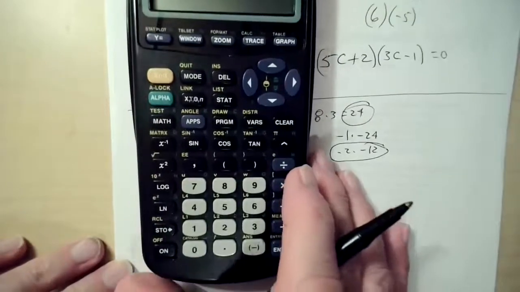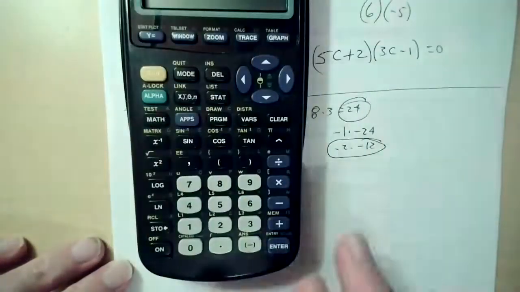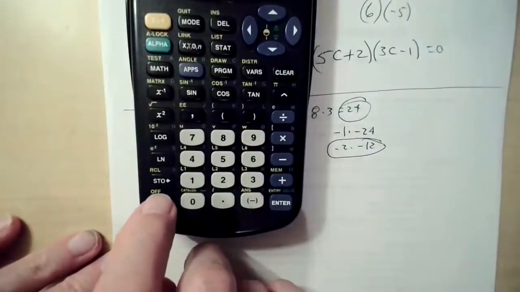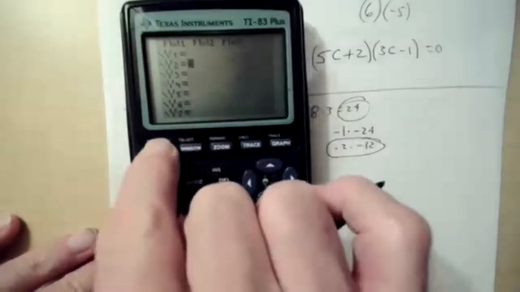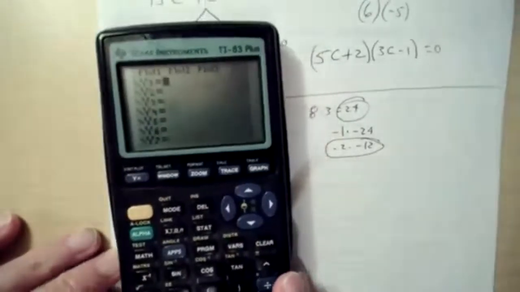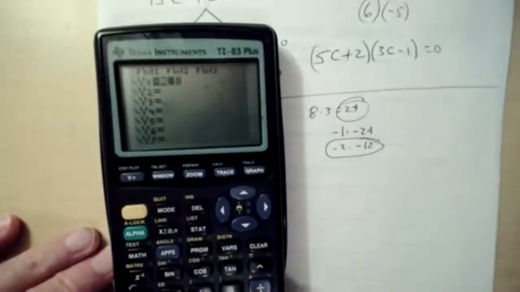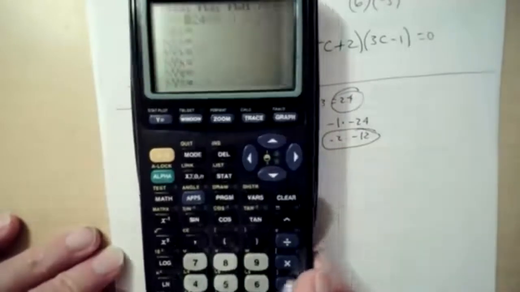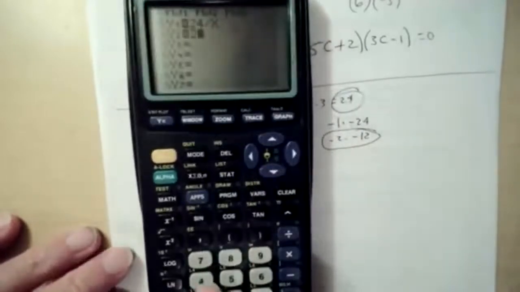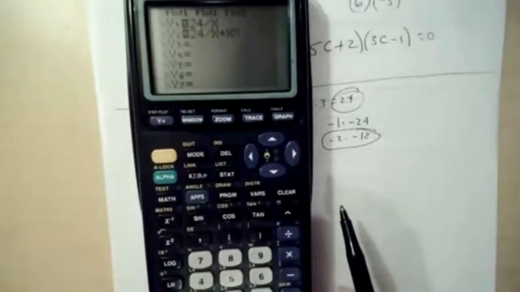So the first thing to do is turn the calculator on. I can't tell you how many times I've forgotten to turn it on. Go to y equals. Now we want the factors of 24. So we do 24 divided by x, and arrow down, same thing, 24 divided by x plus x.